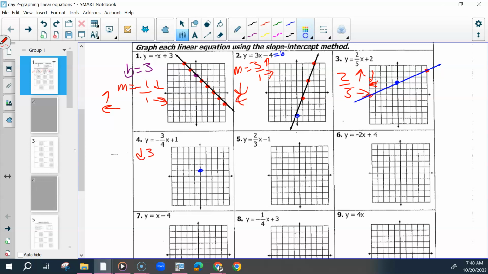So you can go down 3 and right 4, or opposite, up 3 and left 4. Up and left, down and right. I said that backwards. And then make your line.